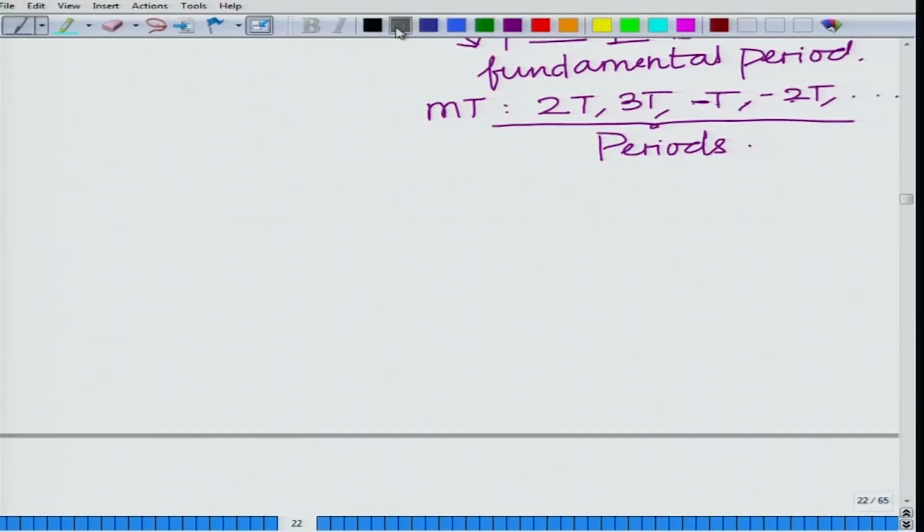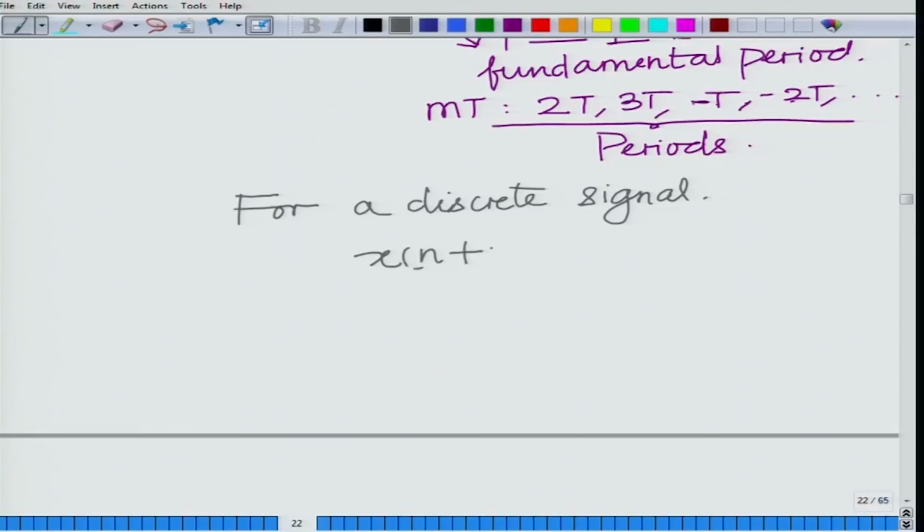time instants. Okay. Now, the same can be defined for a discrete time signal. Again, for a discrete periodic signal, we must have x of n plus N equals x of n, and this must hold for all n.